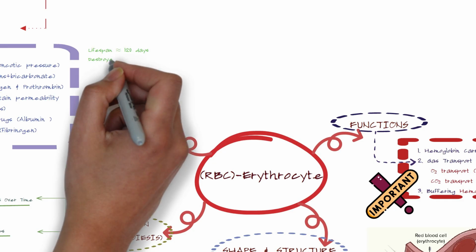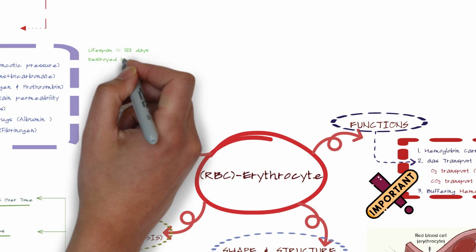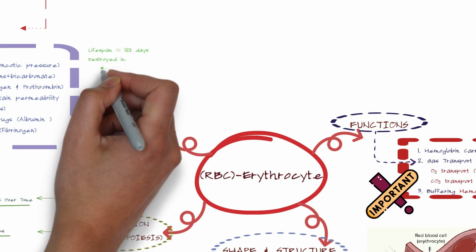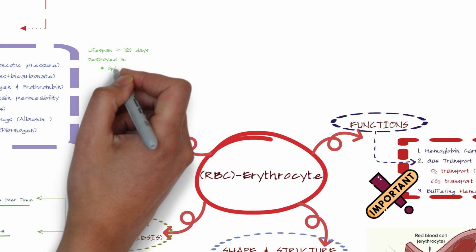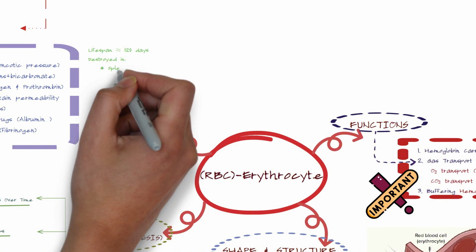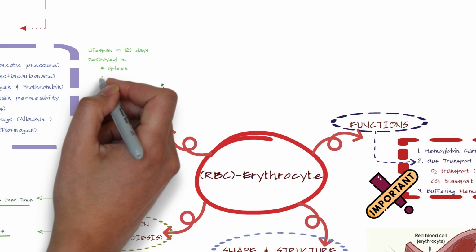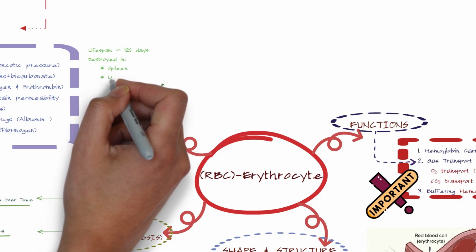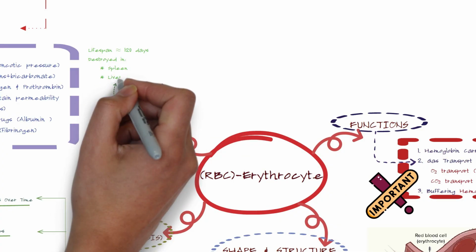Once the RBCs are destroyed, the hemoglobin is released and taken up by the macrophage. Inside the cell, the hemoglobin breaks down into its main components: the globin, which breaks down into amino acids, and these amino acids are reused for synthesis of new proteins, polypeptides, and globin; and the heme, which is further divided into iron and protoporphyrin.